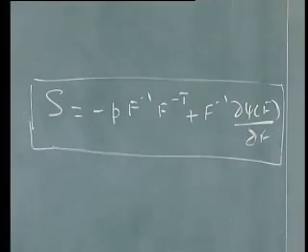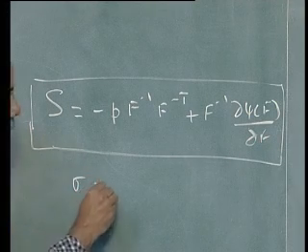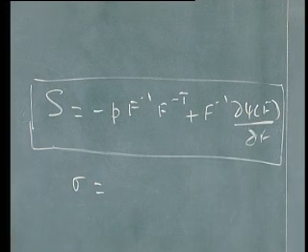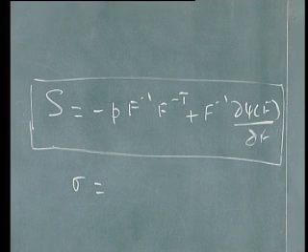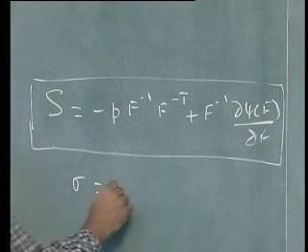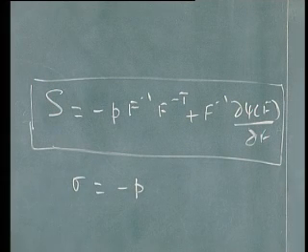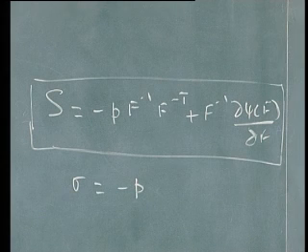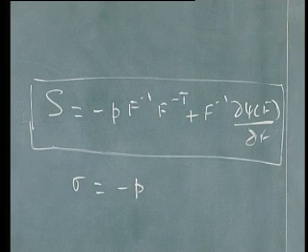Can someone tell me what should be the relationship, or what should be sigma? Let's see. You know the relationship between them. Minus P is going to be there. What is the relationship between sigma and S? Go back and refer to it. Yes, J inverse becomes 1.